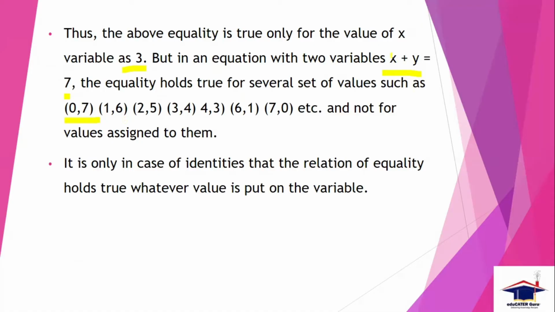That means the value of x might be 0 and y be 7, or 1 and 6, or 2 and 5, or 3 and 4, or 4 and 3, 6 and 1, or 7 and 0, like that. Any combination which adds up to 7, that is the true equality of the equation x plus y equals 7. It is only in the case of identities, the relation of equality holds true whatever value is put on the variable.